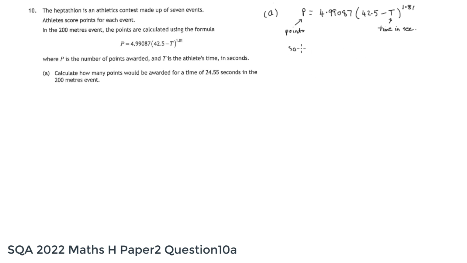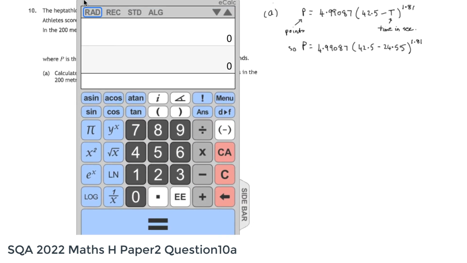So in this case, the points awarded would be this calculation, this 4.99087 multiplying 42.5 minus the time taken, which we were told was 24.55, and we raise that to the power 1.81. So this obviously requires a calculator. We'll not do this in our heads. So let's try this.